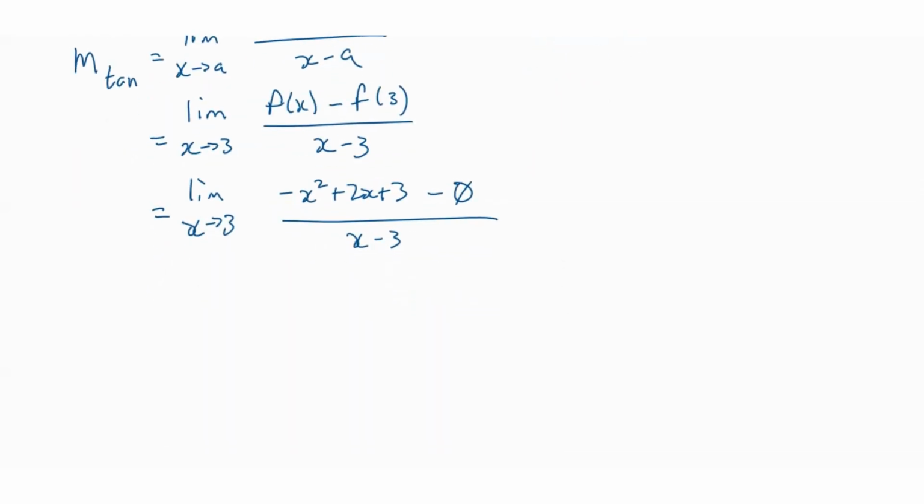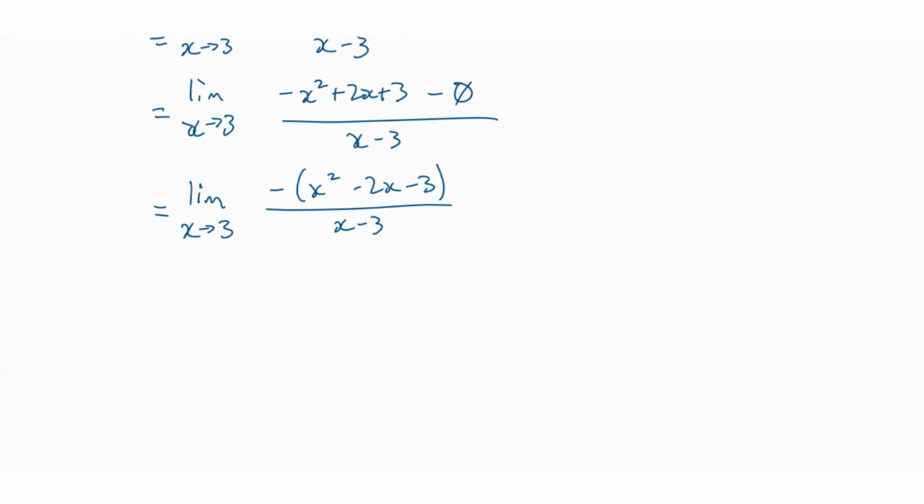All 3 types of questions have slightly different techniques that we use to put them in the right form to get the factor out that we need. The polynomial is just factoring. And as we said before, we kind of know that one of them has to be x minus 3.